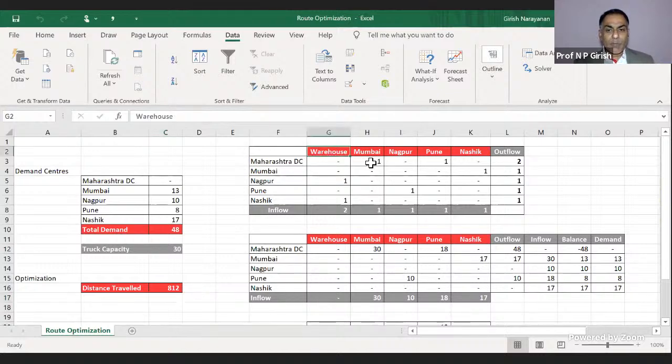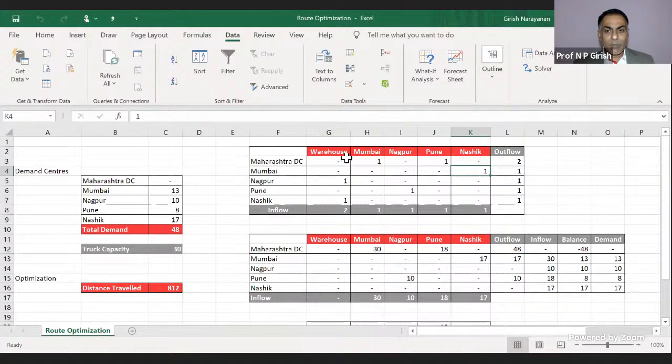From DC, you have a truck going to Mumbai, another truck going to Pune. Mumbai truck goes to Nasik. So Maharashtra DC, Mumbai, Nasik. From Nasik, it goes back to warehouse.